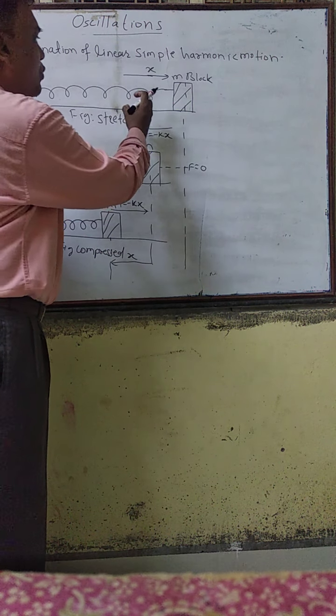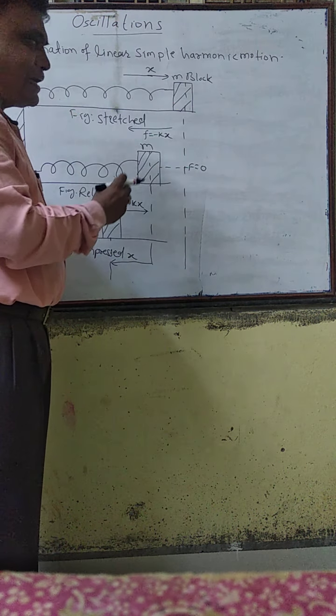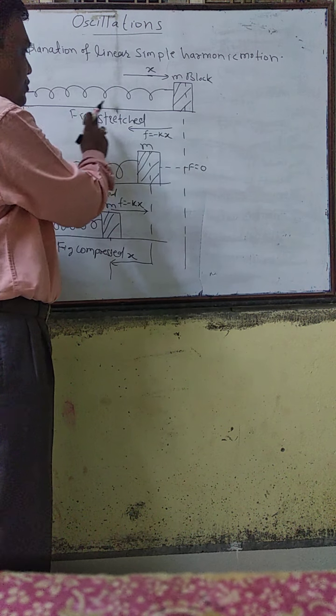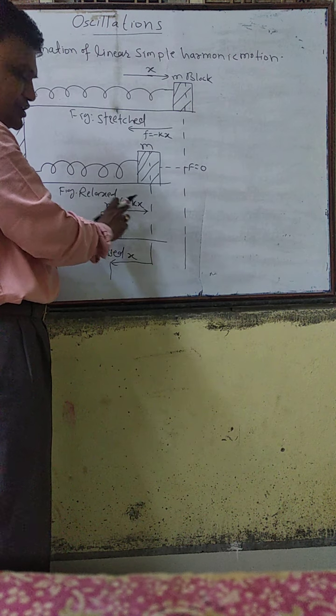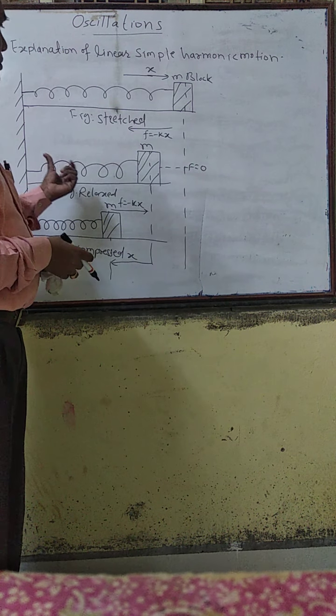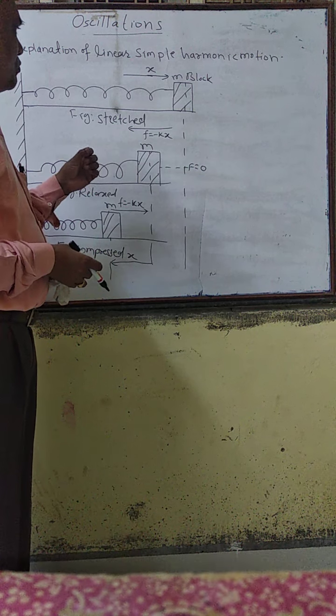Now suppose we pull this block towards the right and release. The block performs to and fro motion about this mean position. Why?